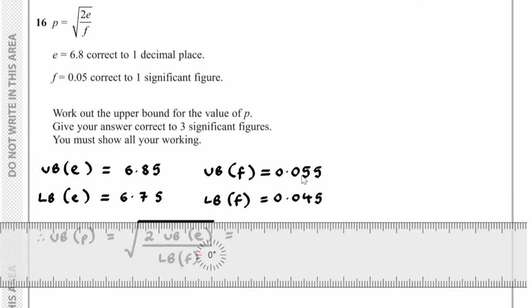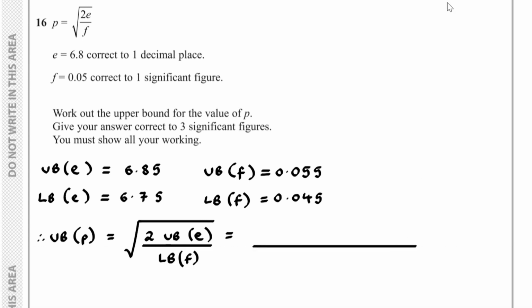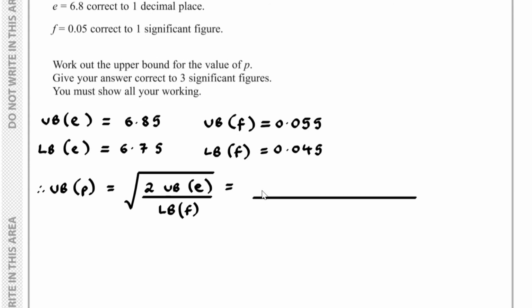So, working this out, we have 2 multiplied by the upper bound, 6.85, divided by the lower bound of f, which is 0.045.